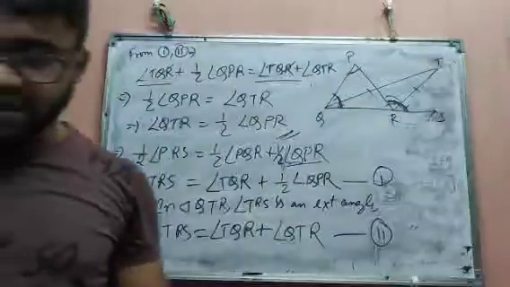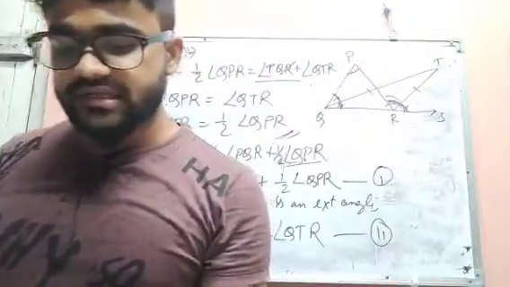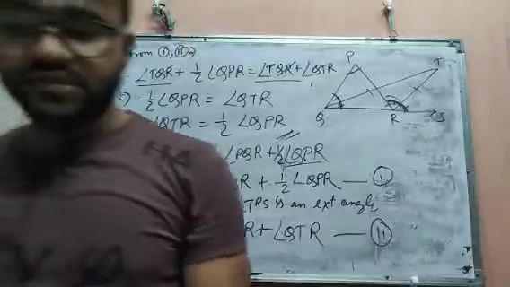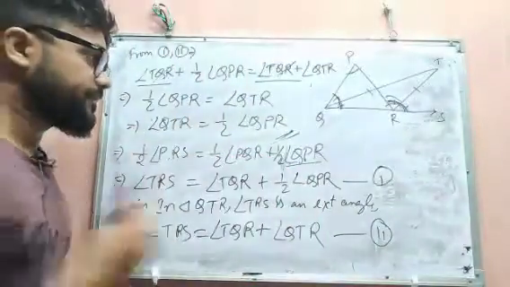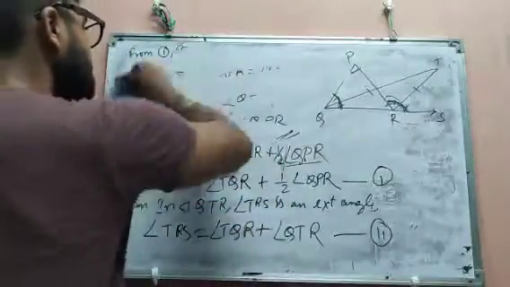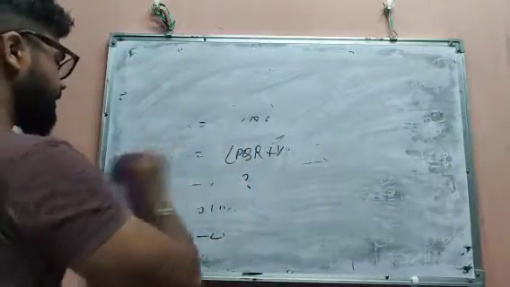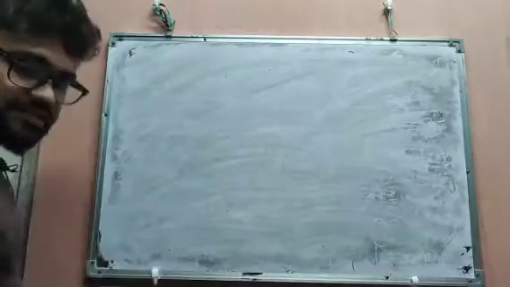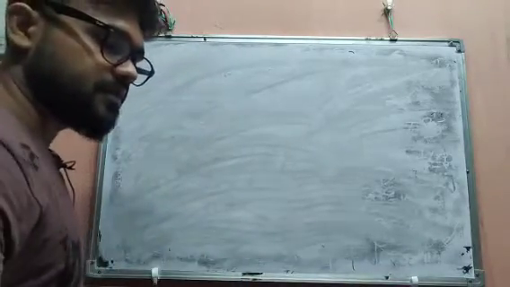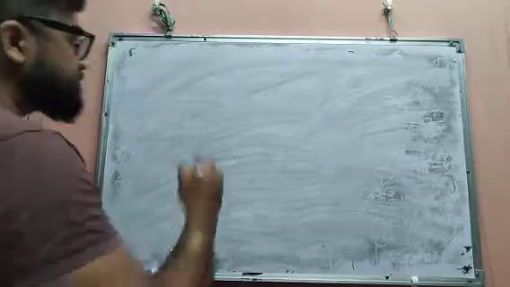Okay. So now we are going to discuss some theorems of chapter 7, that is the chapter Triangles. Here we have to discuss some theorems. First thing, see this congruence of triangles.